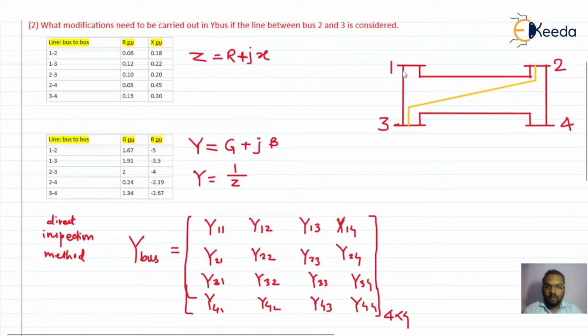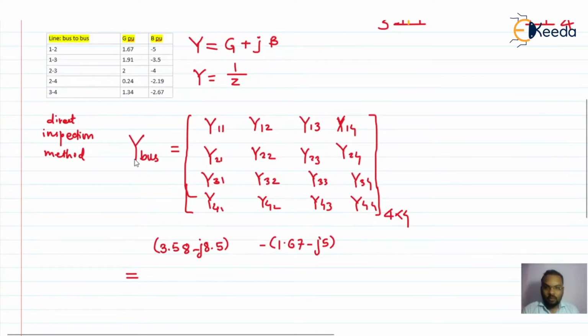Y13 will again be the negative of the admittance connected between bus 1 and 3. For 1 and 3, it is 1.91 minus j3.5, so take the negative of that. You will get negative 1.91 minus j3.5.